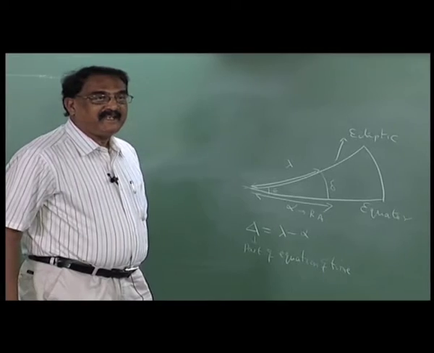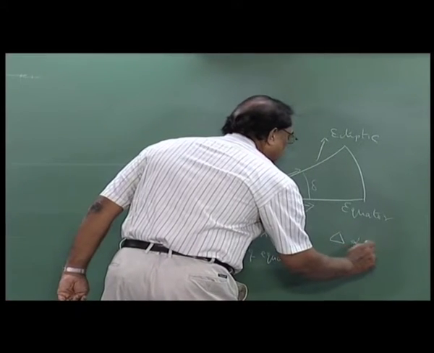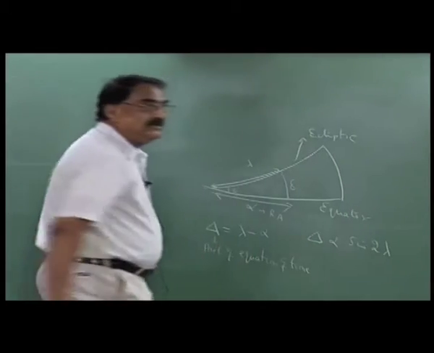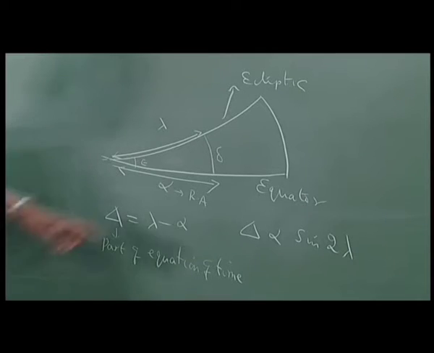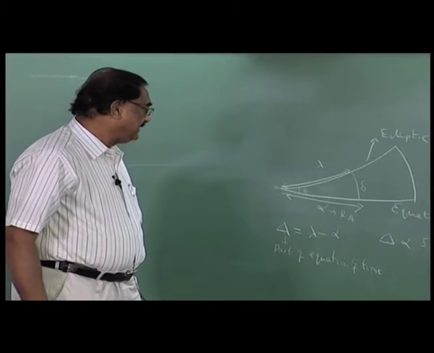So, Bhaskara cleverly says that the delta is proportional to sine of 2 lambda. That is, it is maximum at lambda equal to 45 degrees, and then of course he gets the proportionality constant also in an ingenious manner.